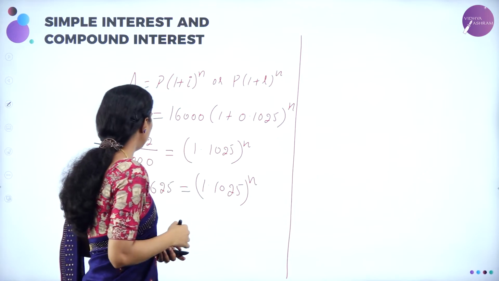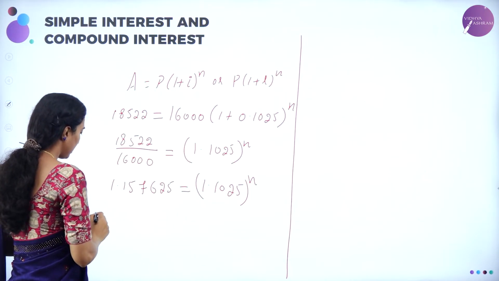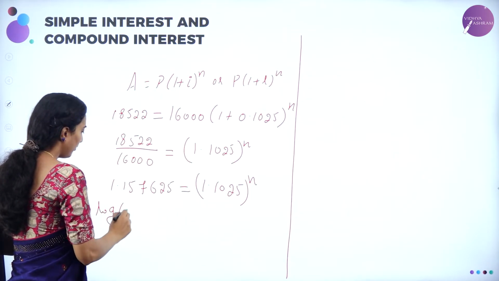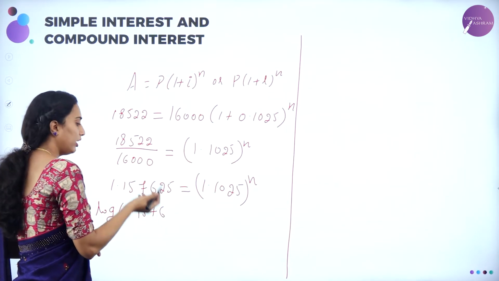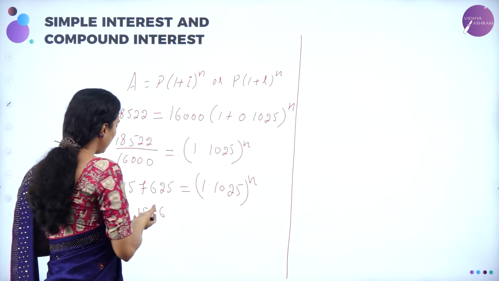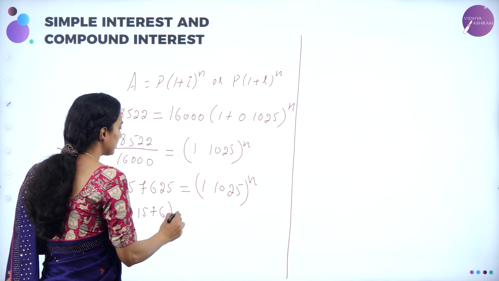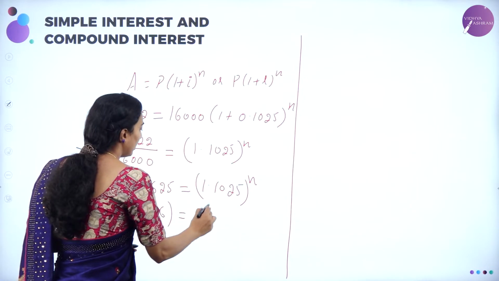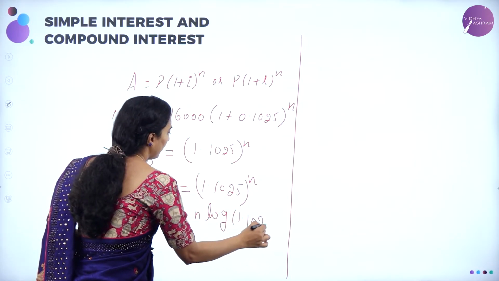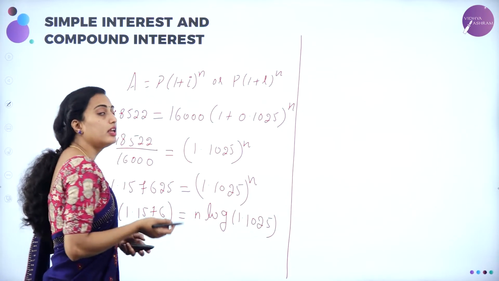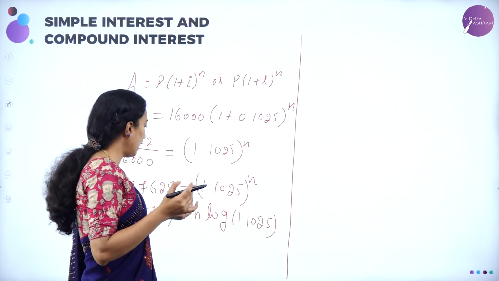So taking log on both sides, you are going to get log 1.1576. If you write 25 also, you are not going to see it in the table. Let me write only 4 characteristics, is equal to N log 1.1025, by using the formula log M power N is N log M.